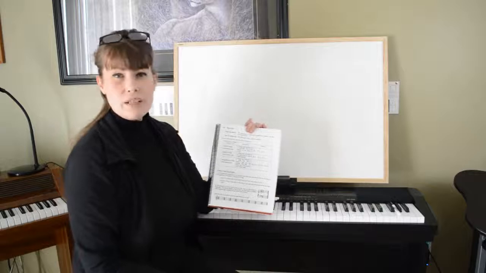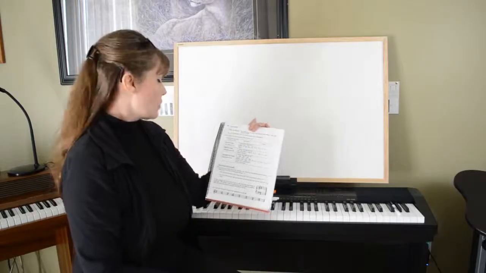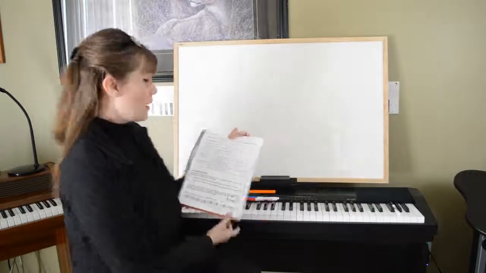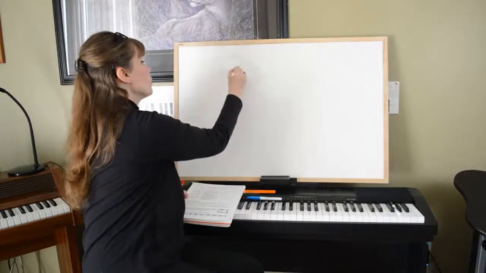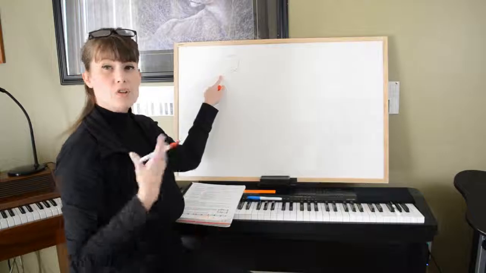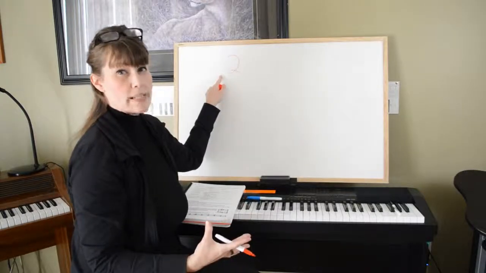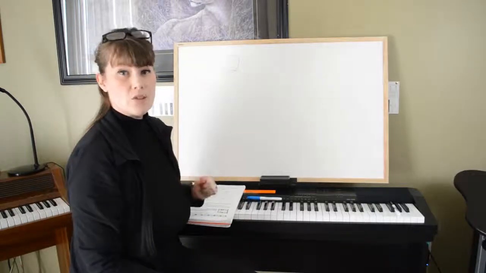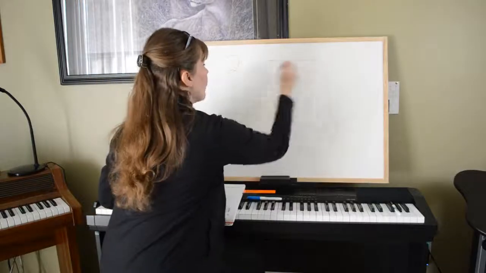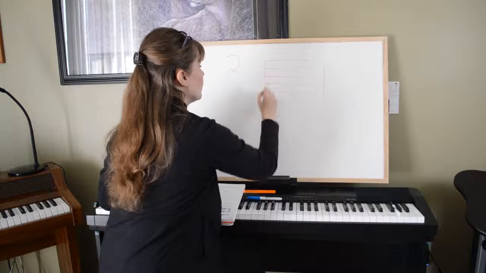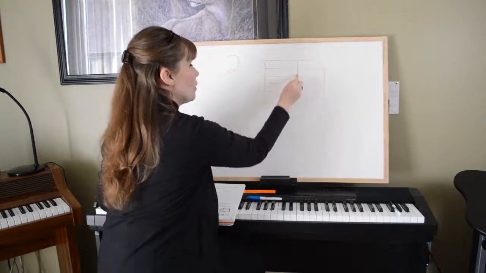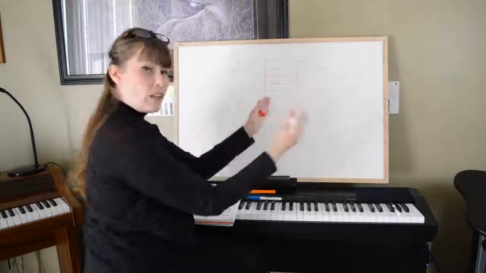There are a few very simple times that we use. We have duple time, and in duple time, we're going to feel 2 beats or 2 pulses within every measure. Remembering that a measure is all the music between each bar line.